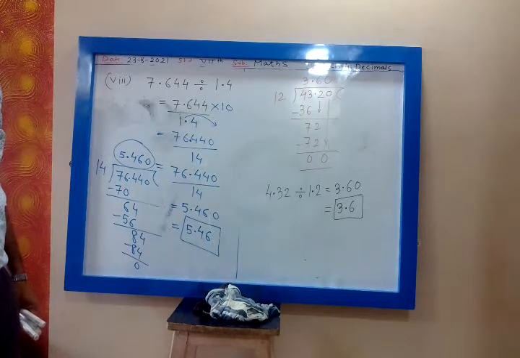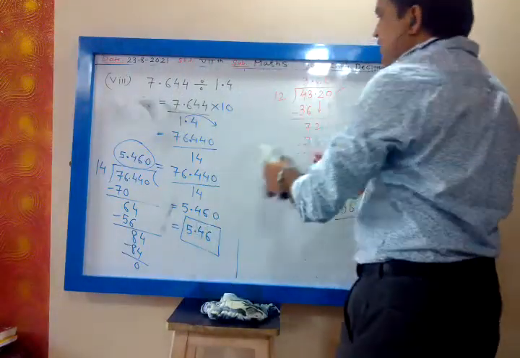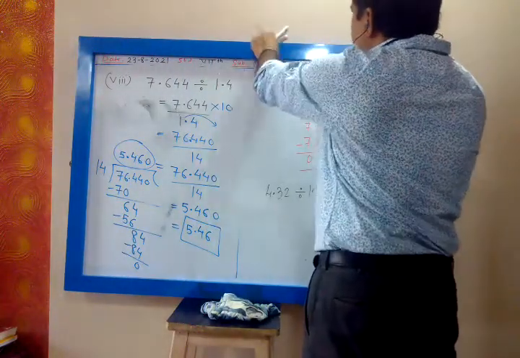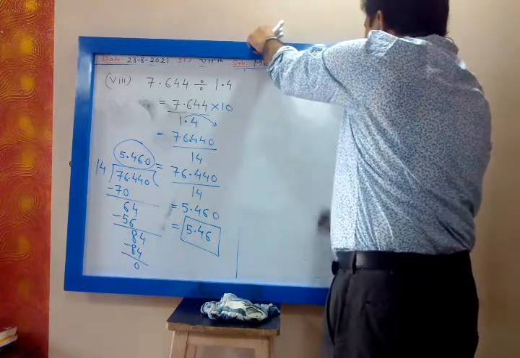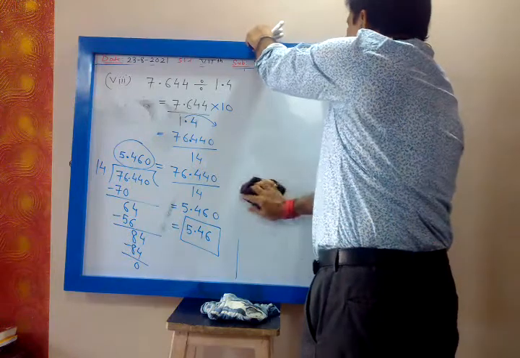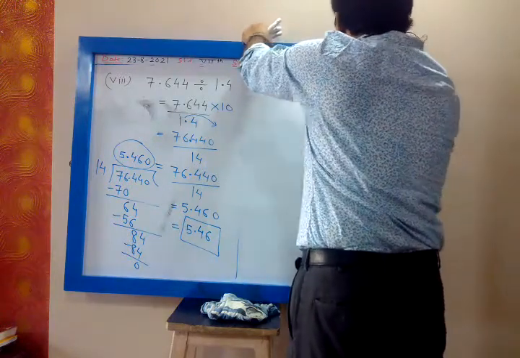So is this part, division, clear? Whenever you want to divide by 1.4, you multiply by 10 in the numerator. If after the decimal there is one digit, multiply by 10 in the numerator.